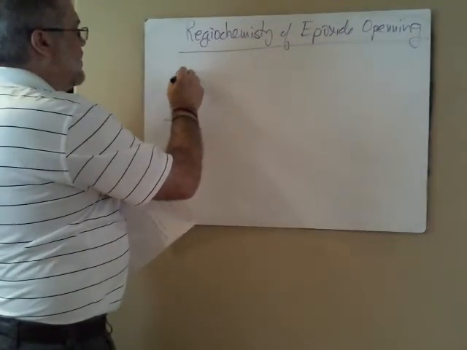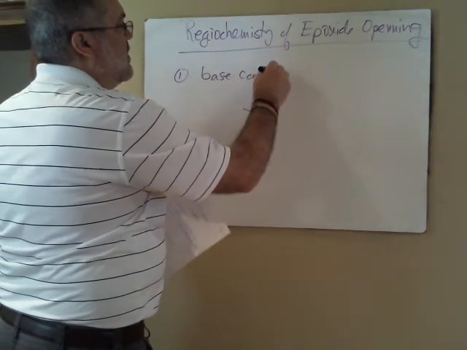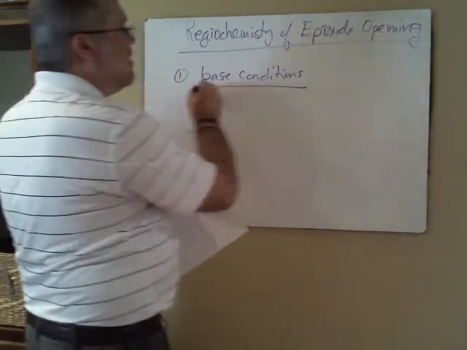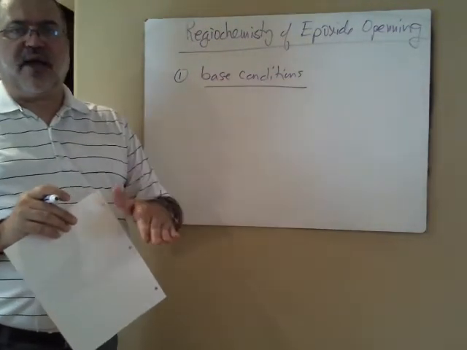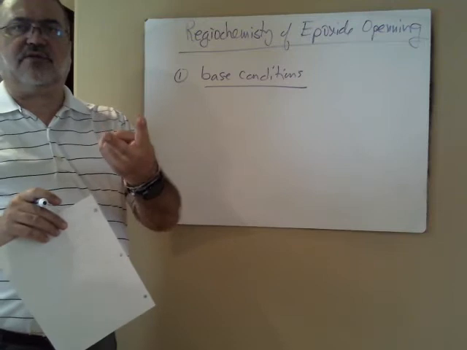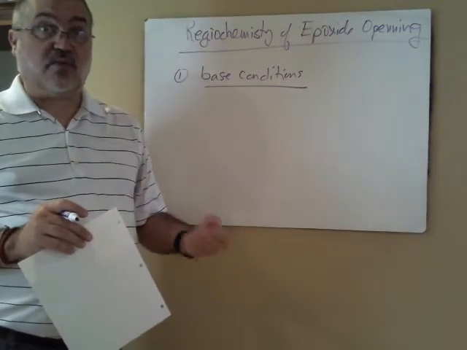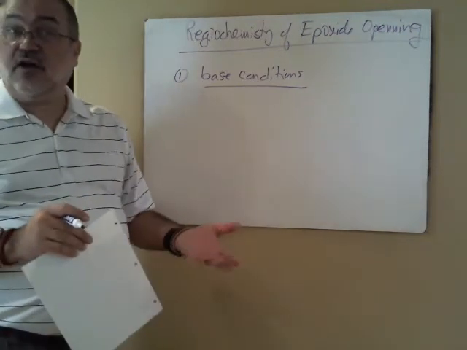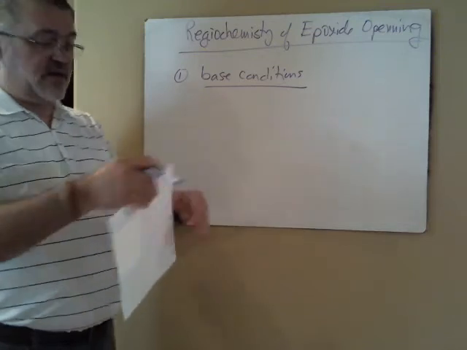So first, let's talk about base conditions, because believe it or not, that's the easiest one. So if you're opening an epoxide and you're using basic conditions, so those are the last two reactions really we're looking at, you use sodium hydroxide as one example, or using the Grignard. Those are both opening epoxides under basic conditions.